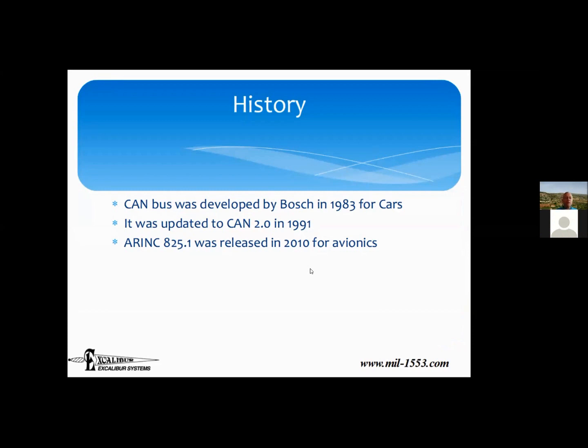CAN Bus is also a civilian avionics spec. Actually, going back, ARINC-825 is a civilian avionics spec. It is based on CAN Bus, which was developed by Bosch a very long time ago for cars. Bosch updated the car spec in 1991, but the ARINC spec was only released in 2010.